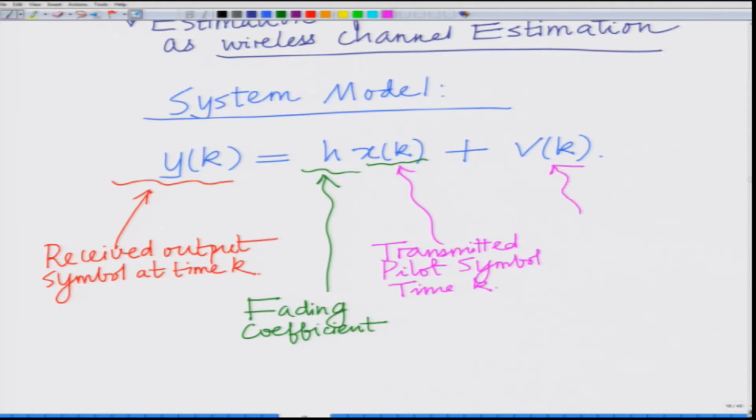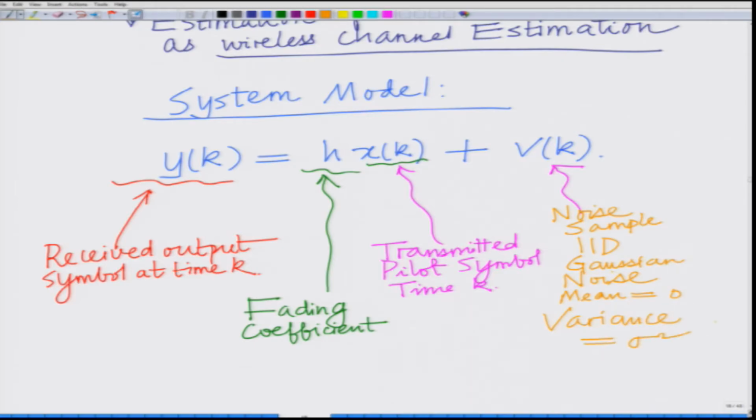And Vk, as we are already familiar, is the noise sample, which we assume to be IID Gaussian noise with mean equal to 0 and variance equal to sigma square.